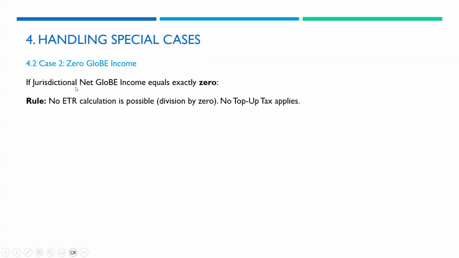So if the jurisdictional net GloBE income is exactly zero, no ETR calculation is possible, so no top-up tax applies. If the denominator is aggregate zero, then also there can't be any. If it is negative or if it is zero, you can't do any top-up tax calculation.